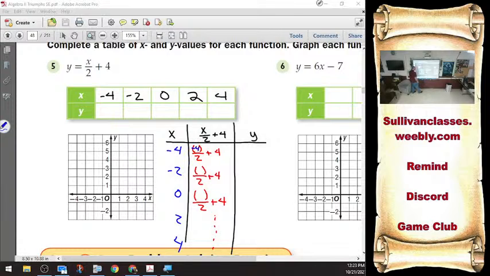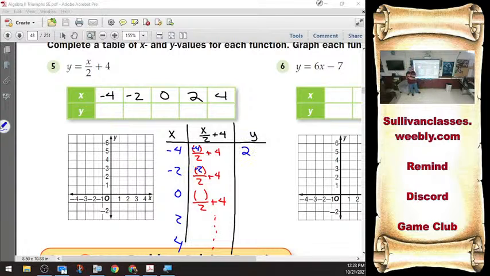negative 4 in there. What's negative 4 divided by 2? Negative 2. Divided, not times. So negative 2 plus 4, 2. Stick a negative 2 in there.